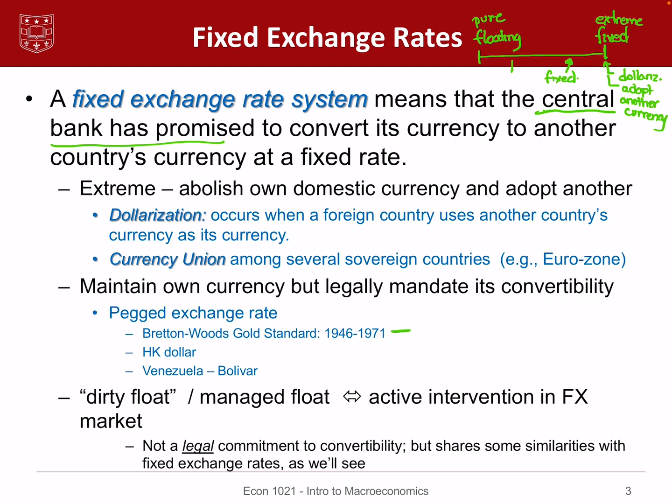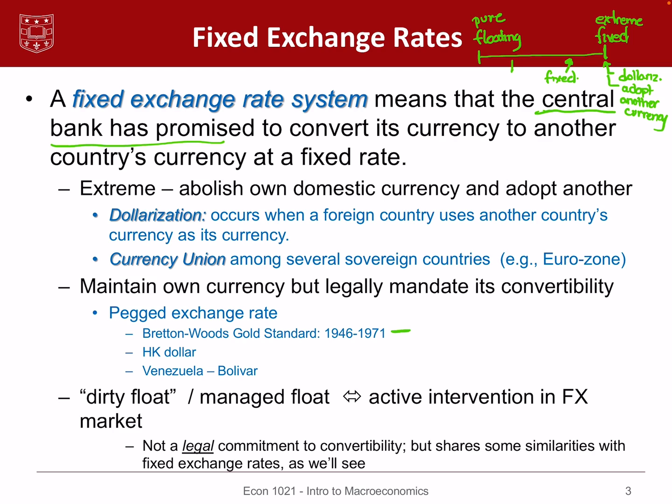The US intervenes in the foreign exchange market only rarely, and generally it's a concerted effort on the part of the US and many other countries to try to realign currency values. And it's a big deal. When the US actively tries to change the value of the country's currency, it's in the press.